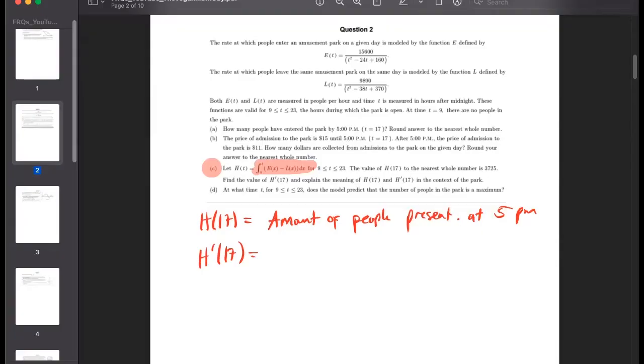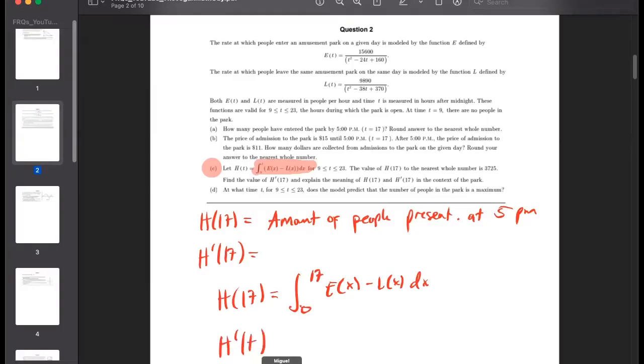Now, they want us to find these values. So H of 17, if we use our calculator, is going to be the integral from 0 to 17 of E of t minus L of x. We could easily find that.